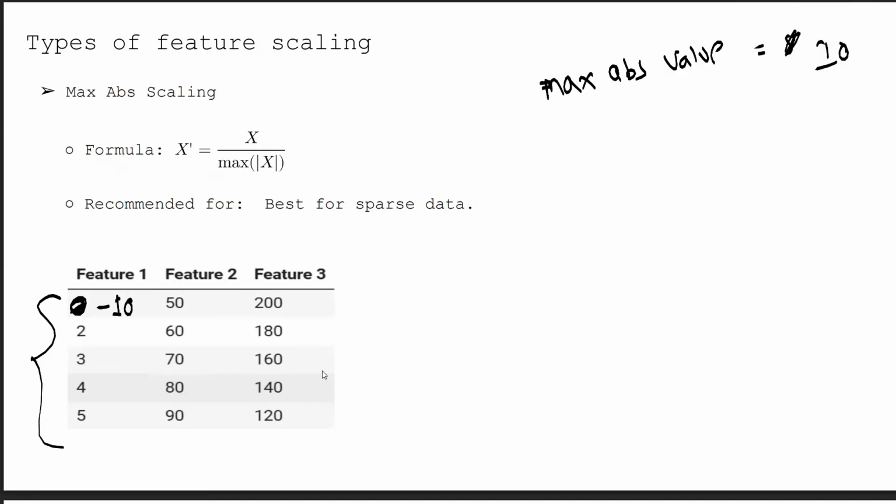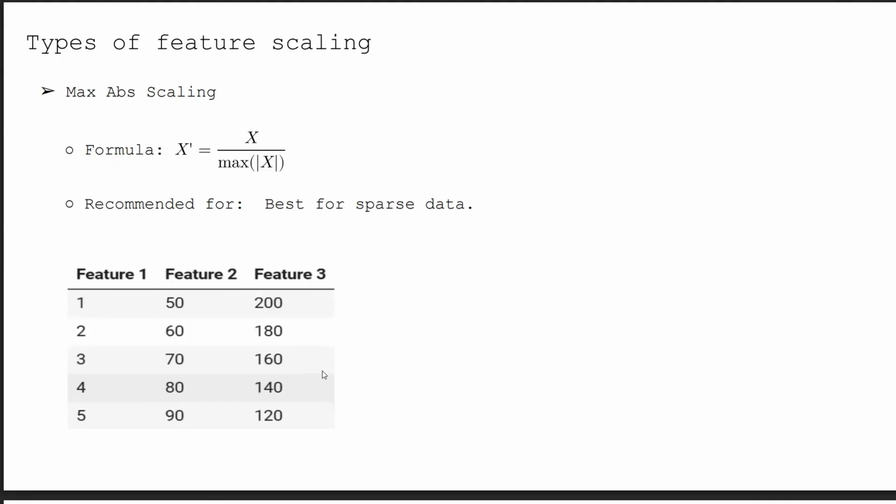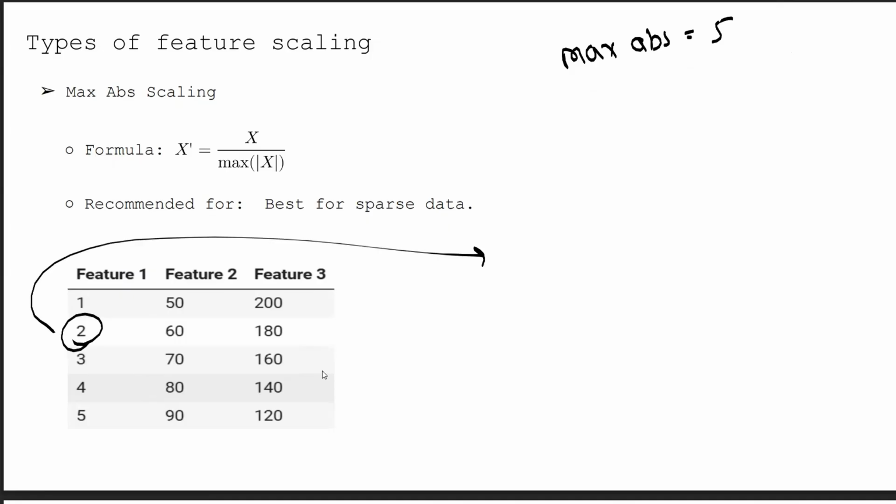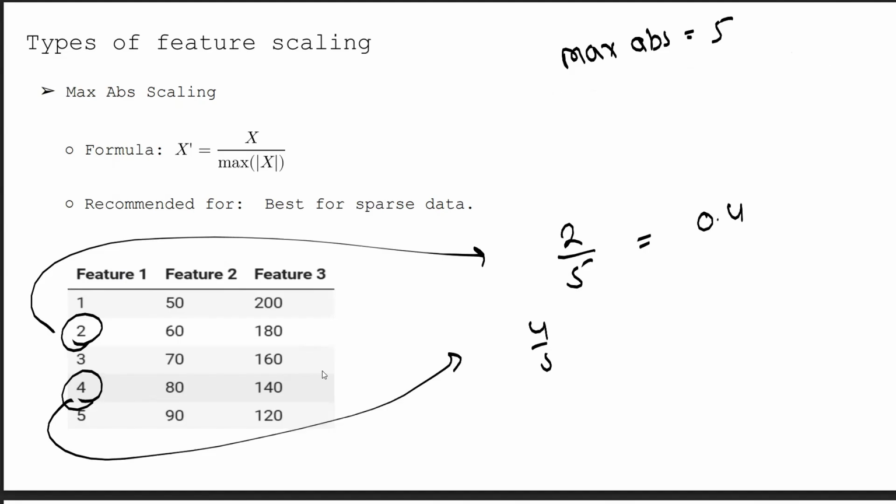Now, based on the original data set, the max value was 5. Following the formula, the transformation of this 2 would become 2 by 5, that is 0.4, and this 4 would become 4 by 5, that is 0.8.